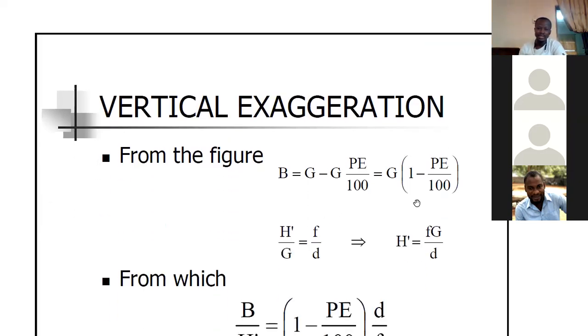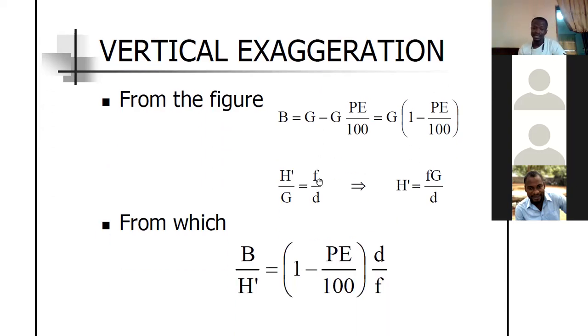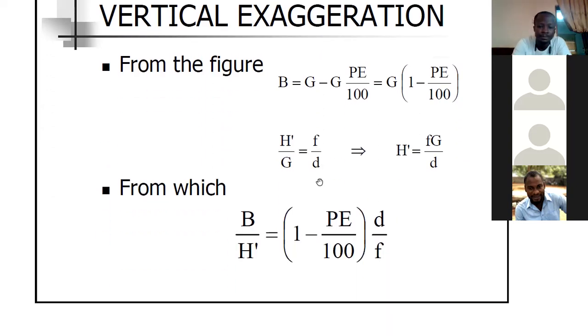We can also write that B is that. Like I said, F over D, H over G, these relationships can be written at any time. But we can also derive B over H.